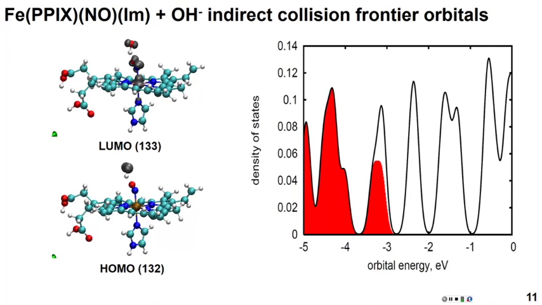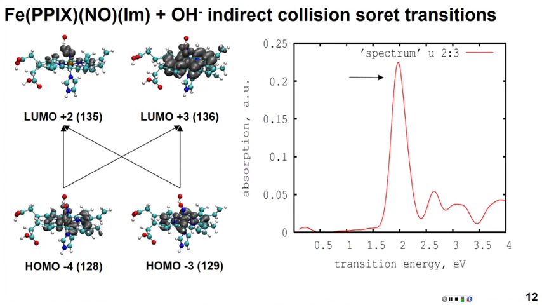Here, our HOMO has charge density on the hydroxide, whereas the LUMO, once again, has some charge density on the nitrosyl ligand. If we look at our Soret transitions, while our HOMOs, where the transitions arise from, are delocalized in the porphyrin ring, some of the LUMOs actually have some charge density on the ligands. So there's a slight difference there.